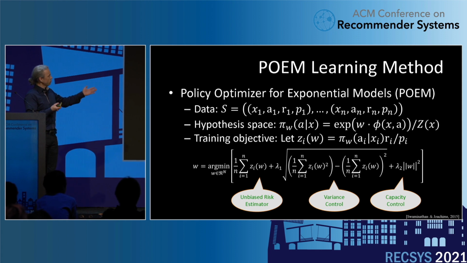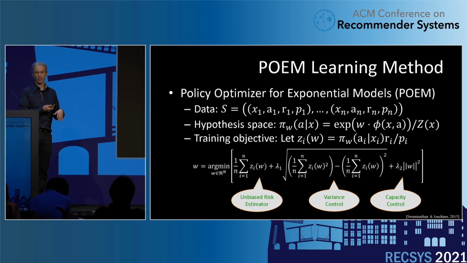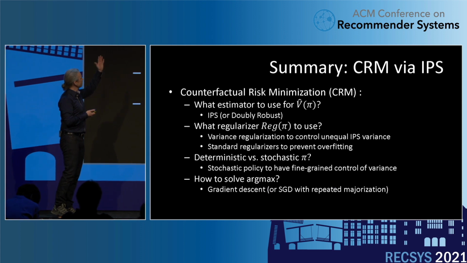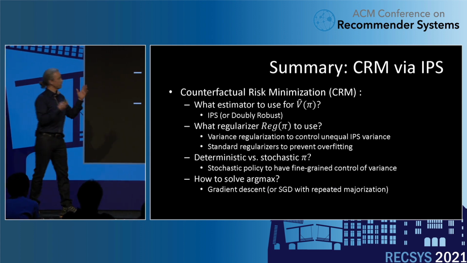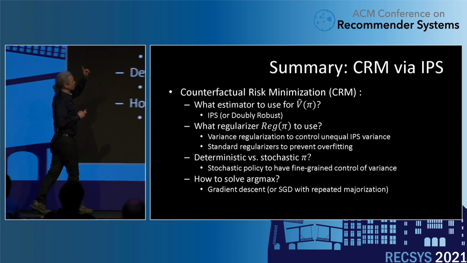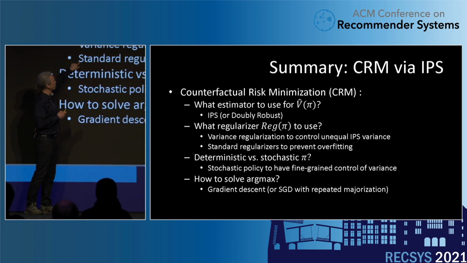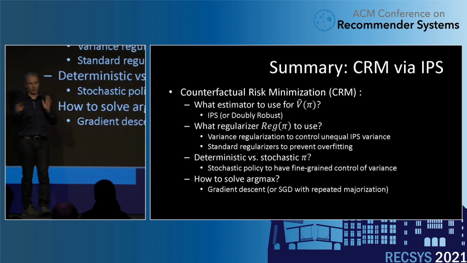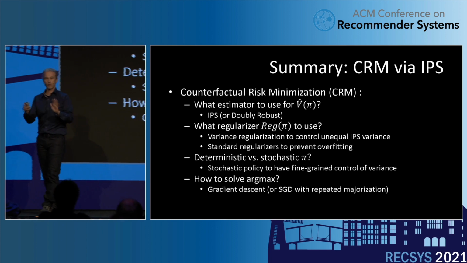And then, it's not obvious here, but the whole thing is differentiable, and you can do gradient descent on it. And with some tricks, you can also do stochastic gradient descent on it. So again, you can use IPS or doubly robust as your training error, so to speak, here. For regularization, there's a key difference now. You have a standard regularizer, but also you need to regularize the variance, right? Because different policies in your policy space can have different variance.